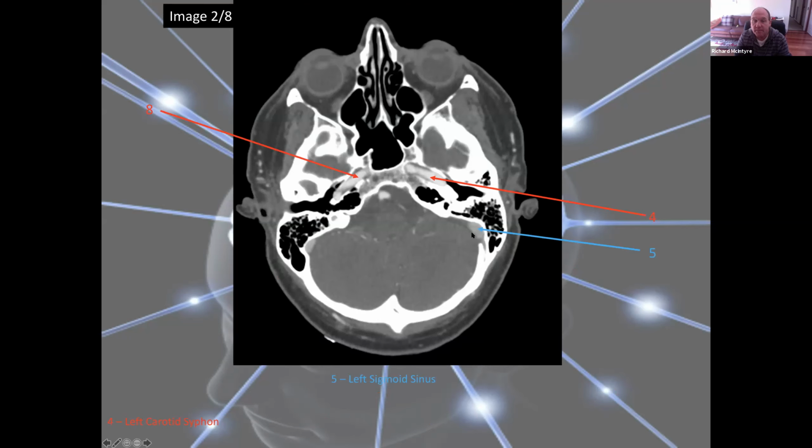We've seen that again. And that's our basilar artery. The part of the basilar just before it enters the circle of Willis, before it goes to the posterior cerebral, is called the basilar tip. And of course, we see the sigmoid.